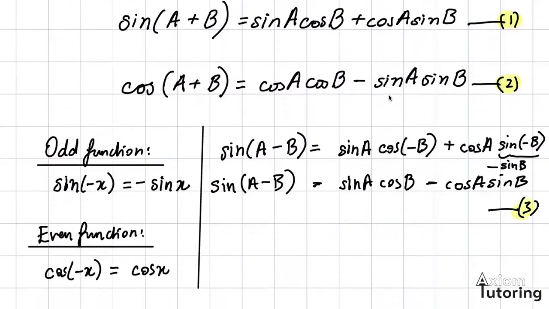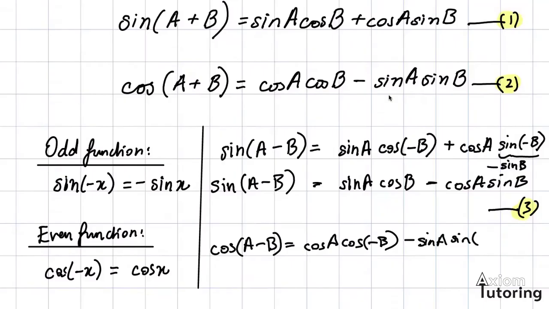And now if we want cos of a minus b, we're going to do the same thing, but for our second formula here. So cos of a, that stays the same. Then we have cos of minus b minus sine of a sine of minus b. And let's rewrite that. So cos a, cos of minus b is just cos of b.